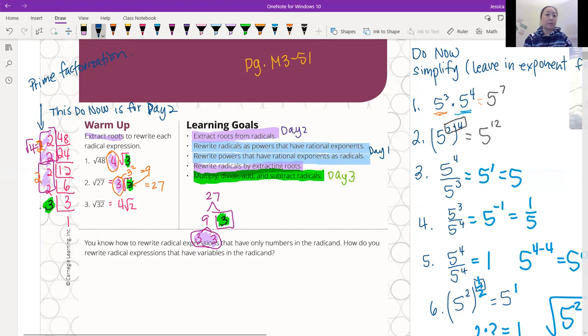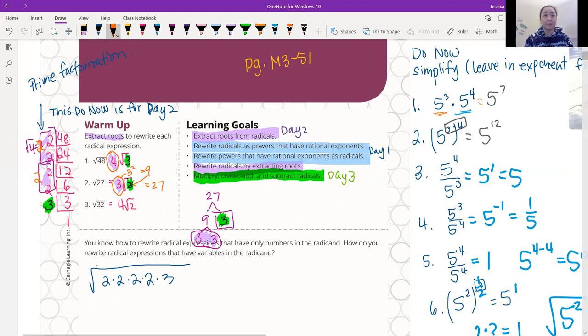So if you take a look at these right here, we're literally saying that underneath the square root is 2 times 2 times 2 times 2 times 3. Right? Which is equal to 48. That's where we're getting these numbers from. So all of it has to equal 48, which is our first problem. And when we talk about square roots, we're looking for perfect squares.